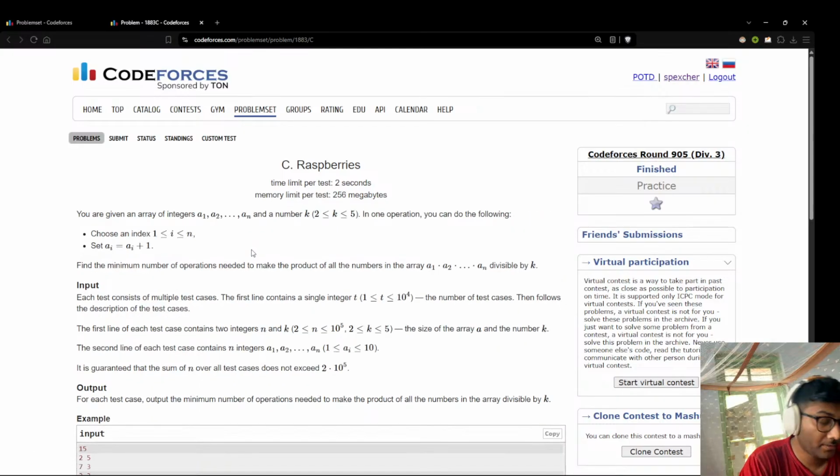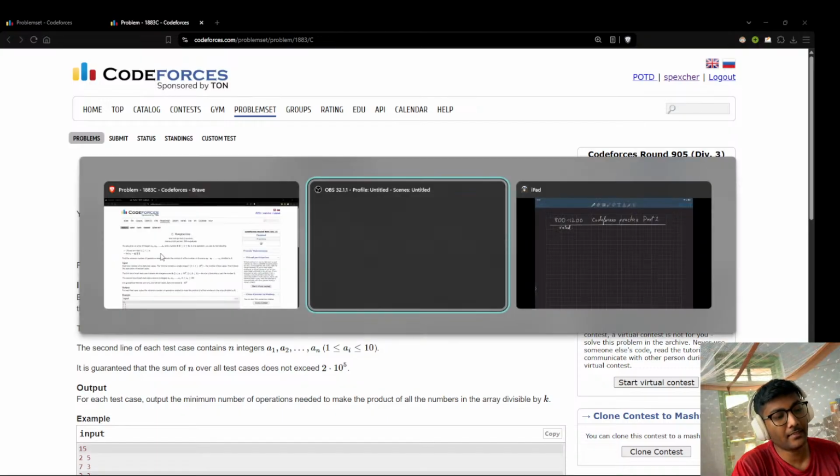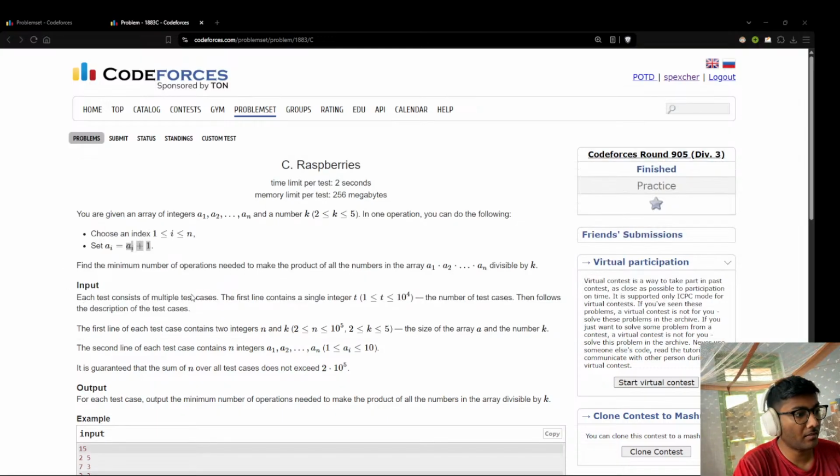Okay, let's try to solve this problem. You are given an array of integers and a number k, and you can perform the following operation: choose an index and increment that index element by 1.